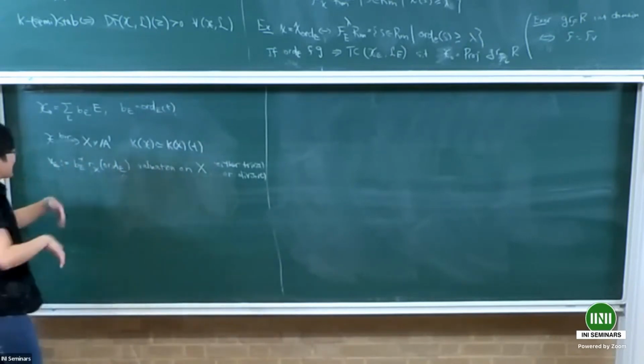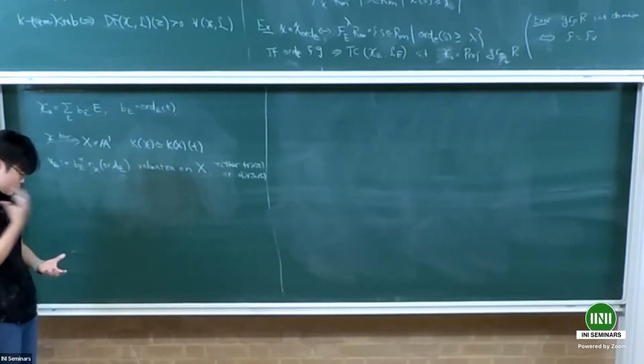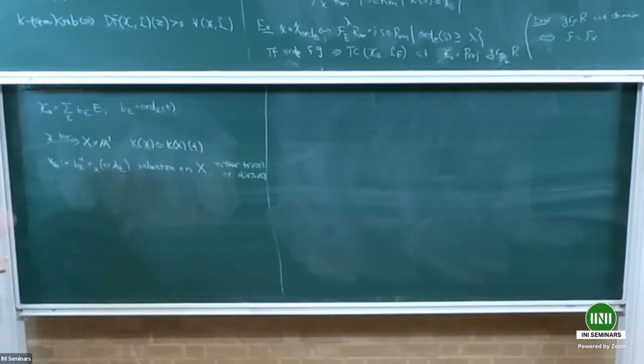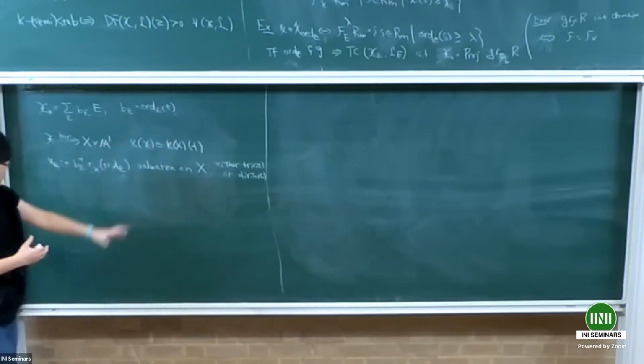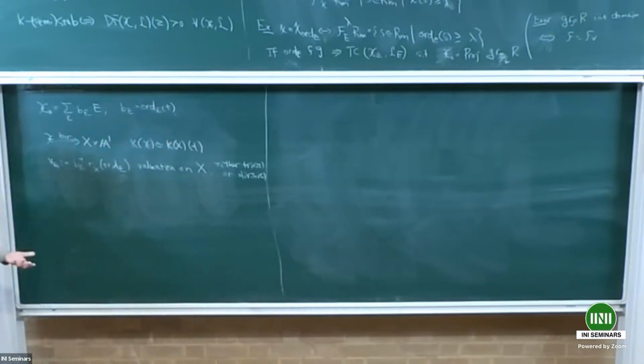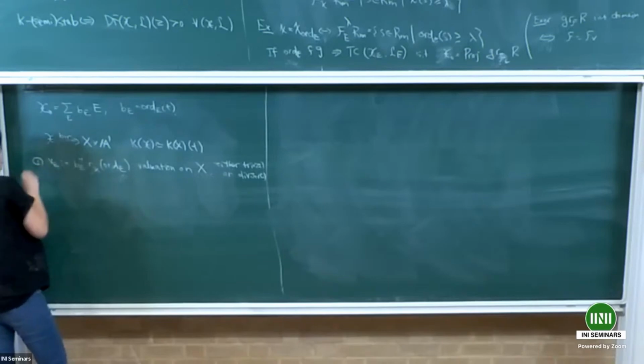And you can also go backwards using the Gm action. So you can record all this Gm action information by not lifting the sections, because that's harder. But if you can record it just using valuations, that's much easier, in fact. So conversely.